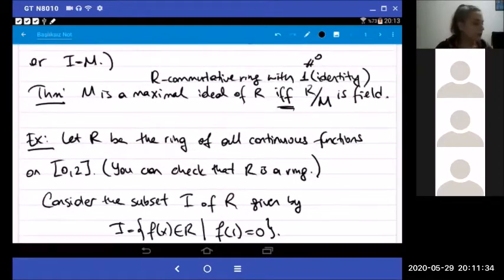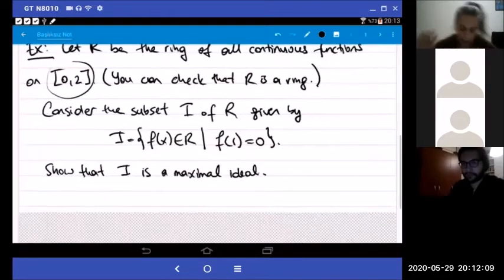I'm going to try to write down a map and take the quotient by this I, and at the end, the quotient will be isomorphic to a field, okay?